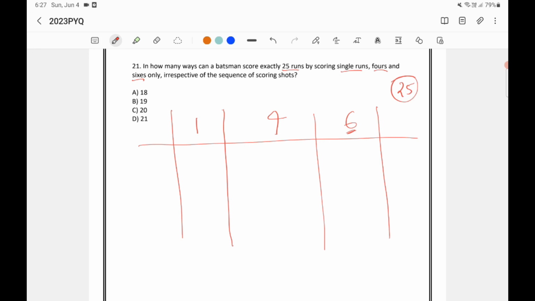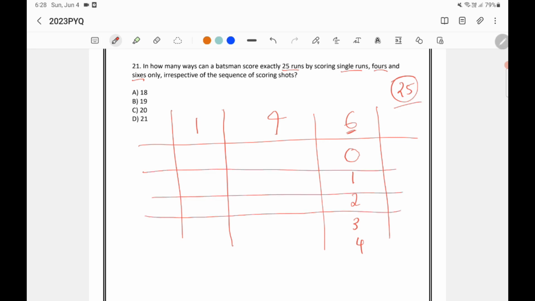So just assume what happens if we score 0 sixes, 1 six, 2 sixes, 3 sixes and 4 sixes. That is the maximum, right? Because 4 into 6 is 24. So if I score 4 sixes, it will become 24, and the total is 25. So that is the maximum number of sixes you can score in a score of 25. We will take all these possibilities.